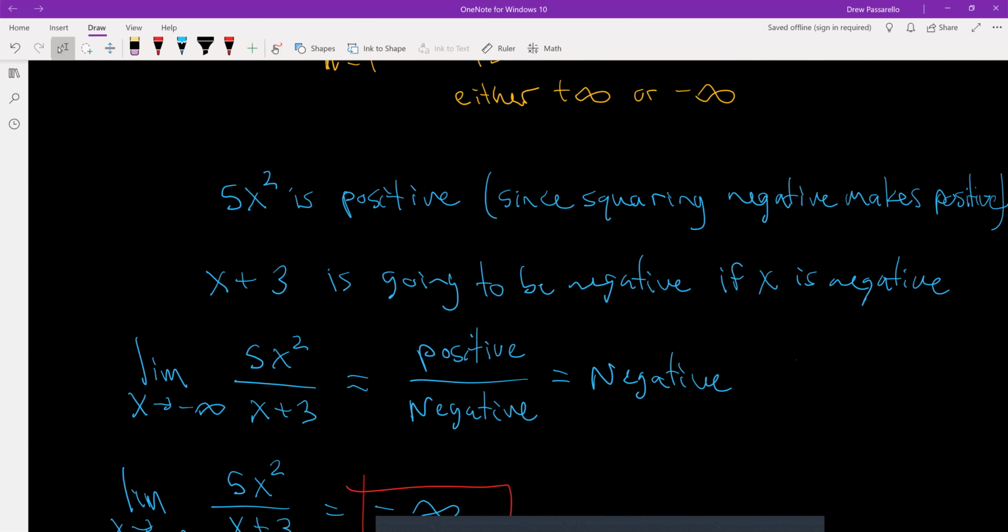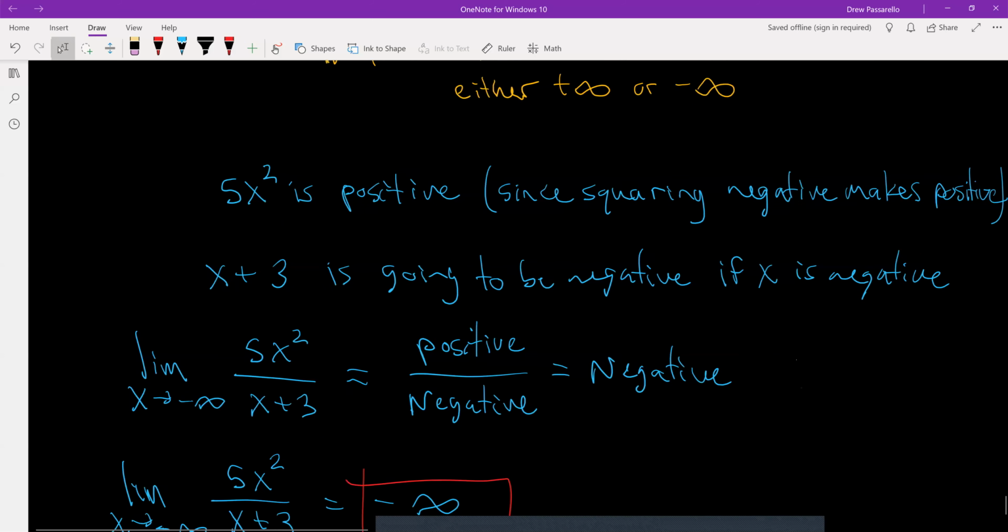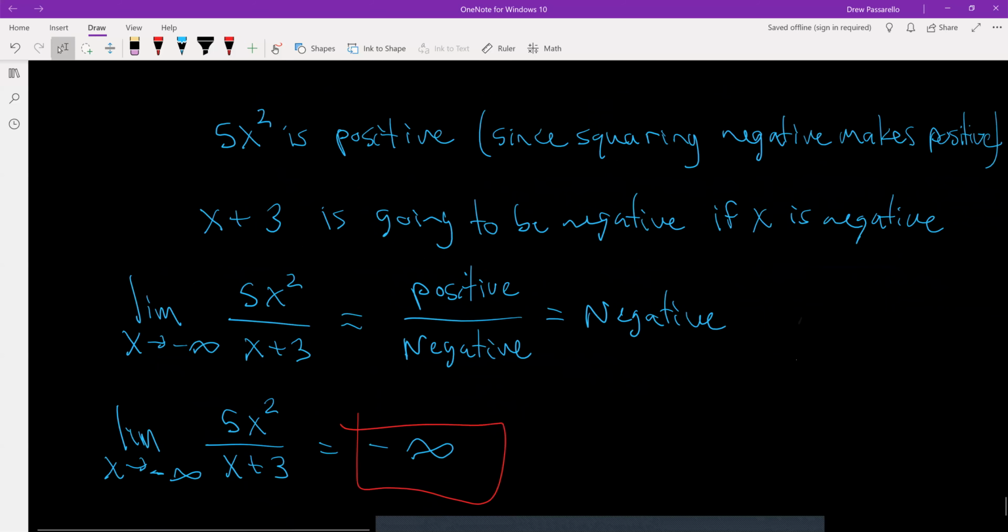And so I deduced it being negative infinity because the numerator is 5x squared. Plugging in a big negative number for x results in a positive because squaring a negative number is positive. So 5x squared is positive, and then x plus 3 is negative. So you have a positive divided by a negative, which gives you negative. So the overall limit as x goes to negative infinity is going to be negative infinity.